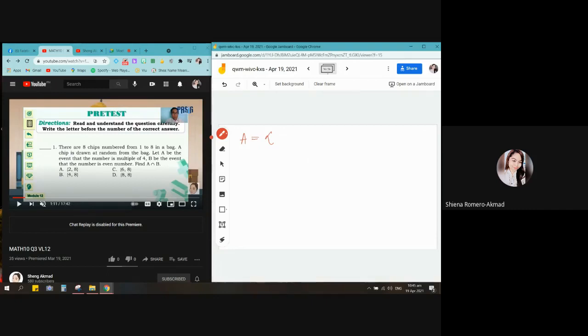Event A will be the multiples of 4. If that is numbered 1 to 8, that's 4 tsaka 8, right? How about for B? The event that the number is an even number. Ano yung mga even numbers from 1 to 8? That's 2, 4, 6, and 8. Okay?